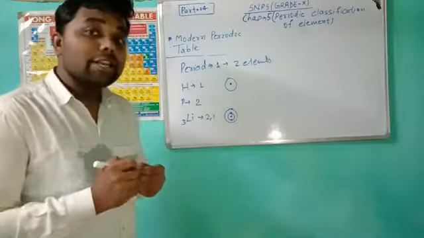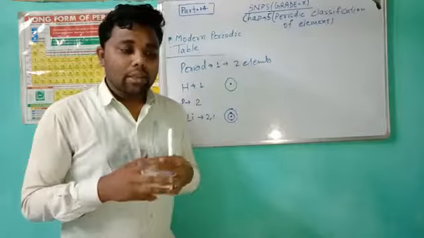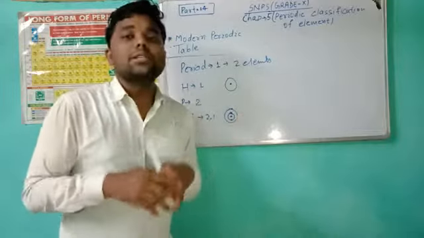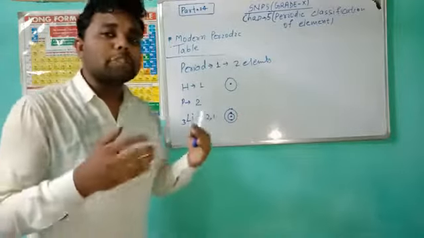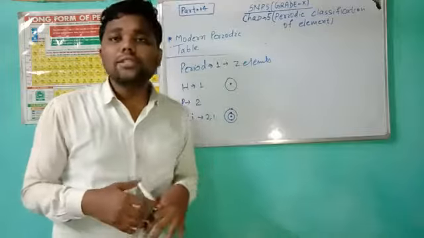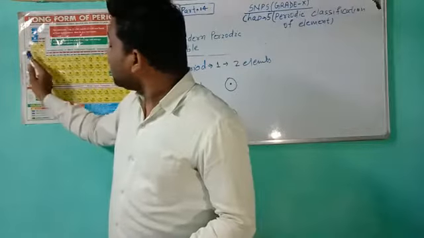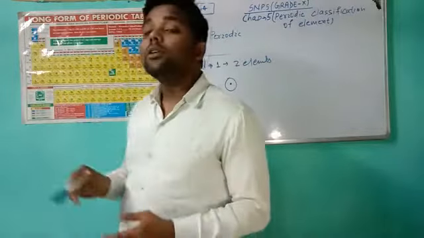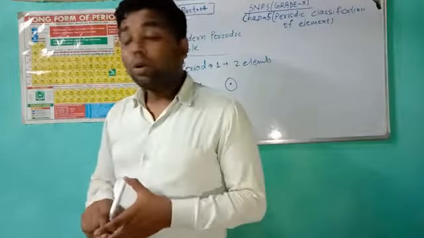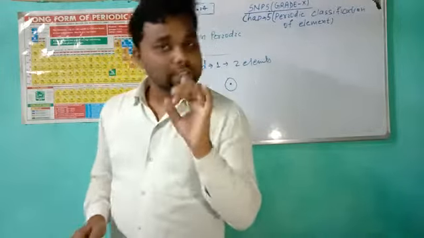So what is the significance of period? If anyone asks how many orbits are present in sodium, we can say that sodium is present in the third period of the modern periodic table, so it has 3 orbits simply.